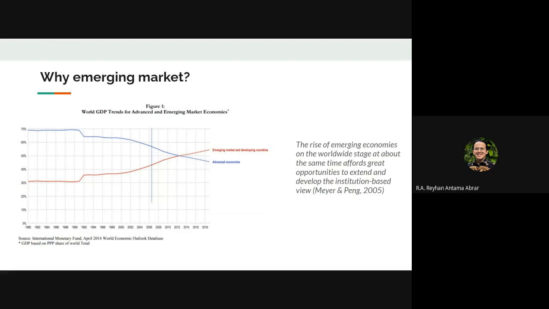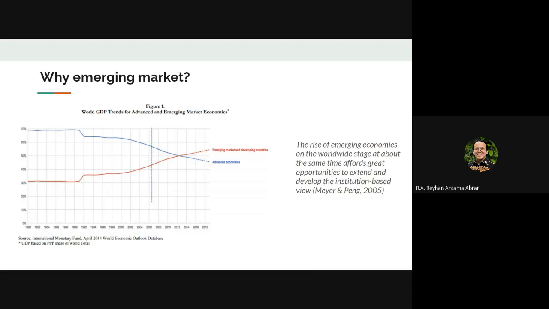There are many definitions of emerging markets based on different sources, but we can see in the graph that over the past few years there is a significant increase in world GDP from emerging market countries compared to advanced countries.